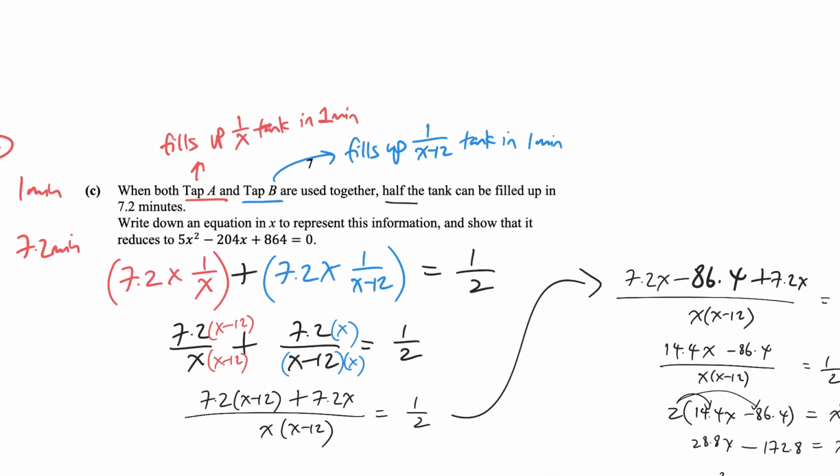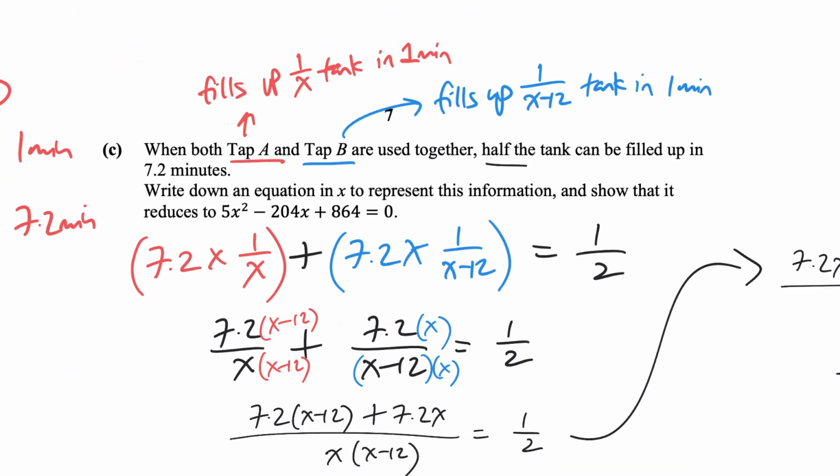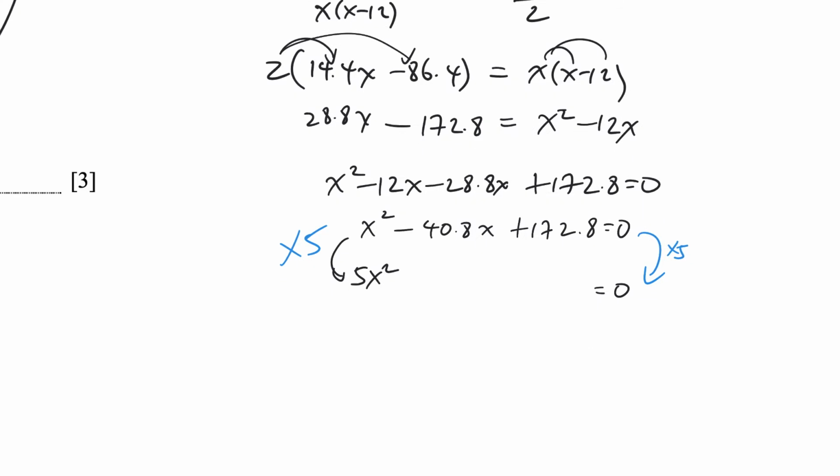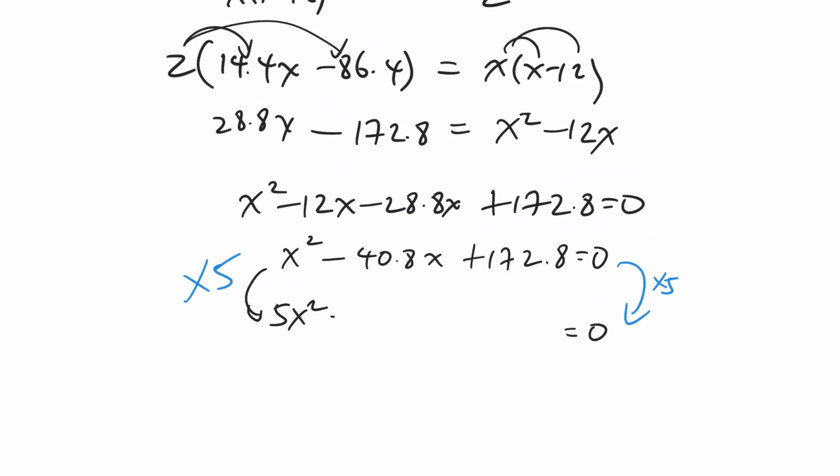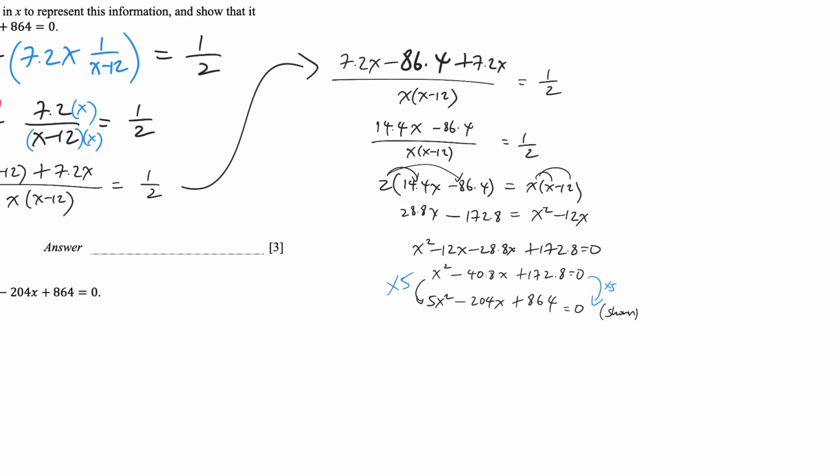Because over here it says 5X squared, and I'm at X squared, so just multiply by 5. Then 40.8 multiplied by 5 is 204X, and 172.8 multiplied by 5 gives you the number you want. Shown. That's how you do it.